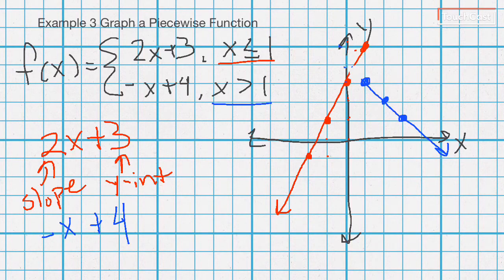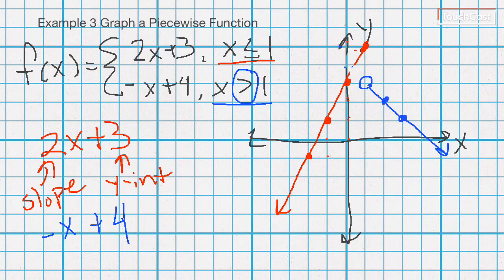And one other thing to note, what's going to tell me the end behavior of these lines is that inequality symbol. If we have something that does not have a line underneath it, like our second condition, instead of putting a dot where x would be 1, we're going to put a circle there.